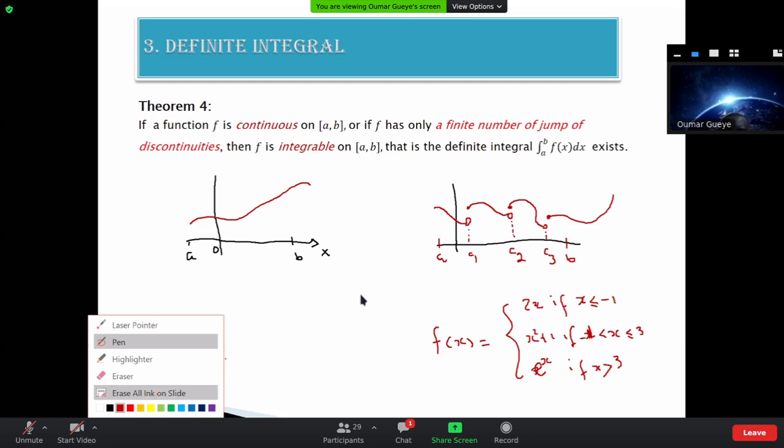Sorry, if we are supposed to find an area from A to C1 or A to C2, can we find it? Yeah. Suppose from A to C2, can we find the area using the integral from A to C2?